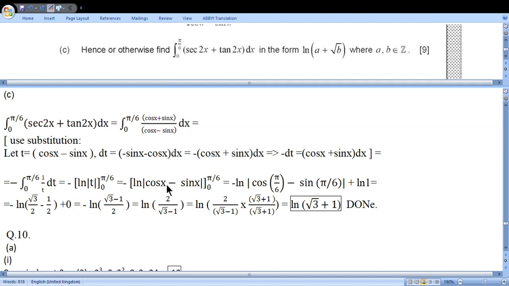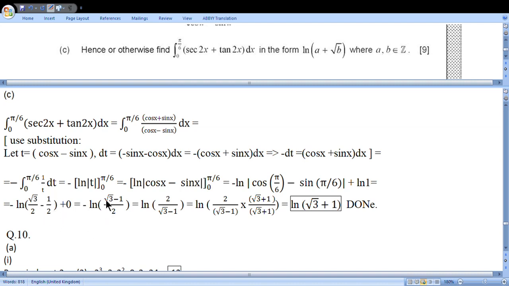Then minus logarithm of cosine 0 minus sine 0, which is logarithm 1. So this is 0, minus logarithm of cosine of 30 degrees, which will be square root of 3 over 2, and sine will be 1 over 2, so we get this, plus 1.